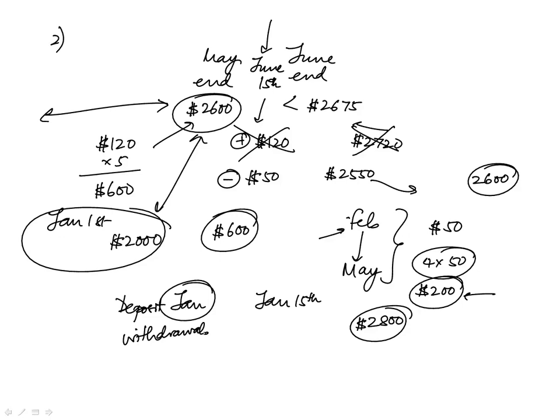So in that scenario, the balance at the end of January would be 2,800, and then the beginning of the year, because the deposit of 120 was made, would have to be 2,680.